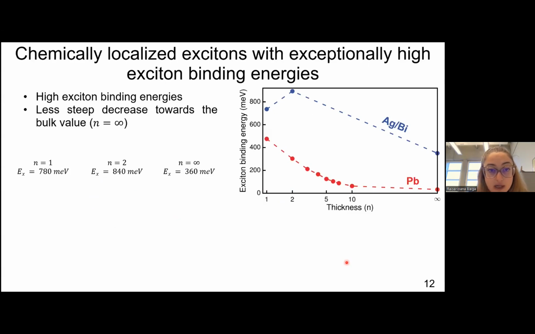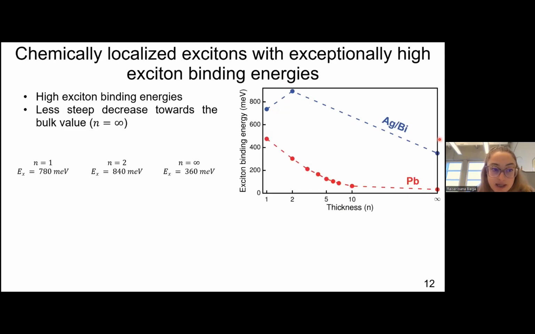First of all, the n equals 2 features a higher exciton binding energy than the n equals 1. And the decrease is less steep, so it still goes to the bulk value, but all of those values are really higher as compared to the lead-based perovskites.